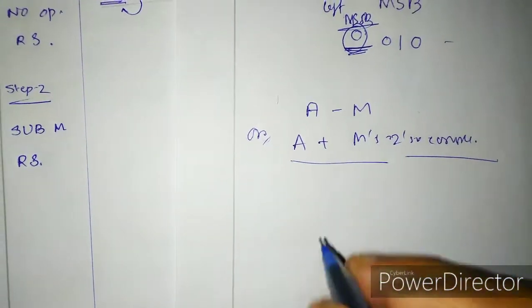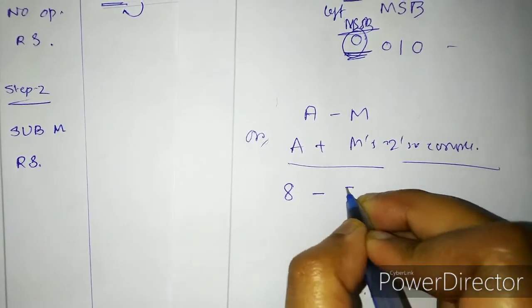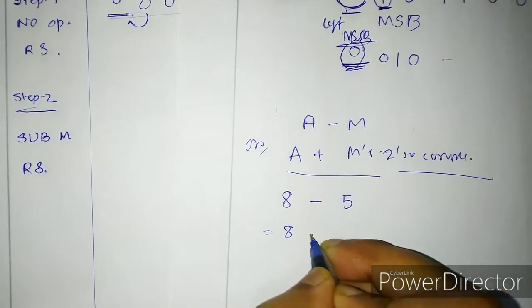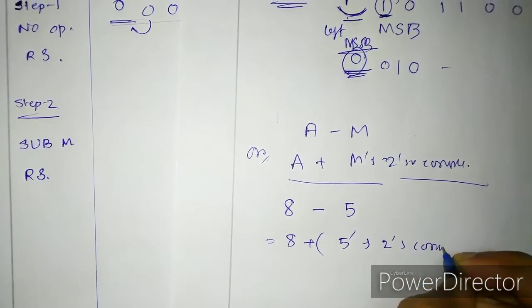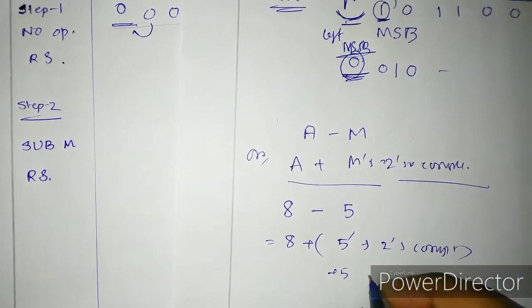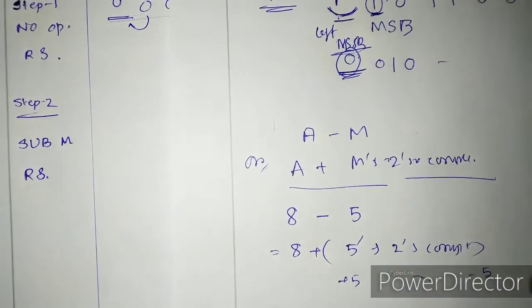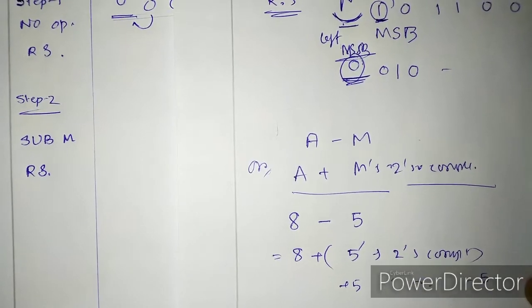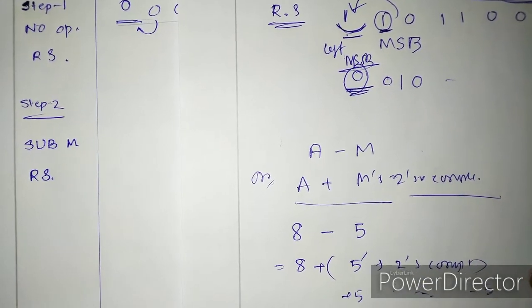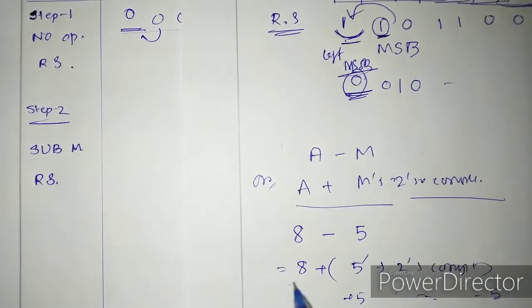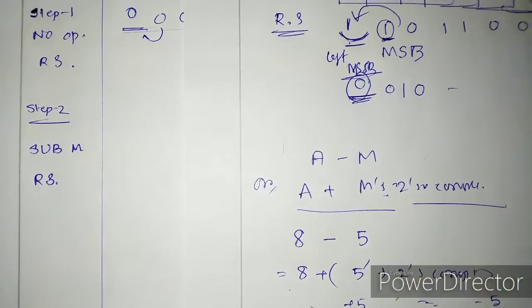If we write 8 minus 5, or we can say 8 plus 5's 2's complement, the 2's complement of 5 is equivalent to minus 5. I've made an entire video on this, guys, so please check it out if you have not watched it yet. Only then will your Booth's algorithm concepts be clear. So a minus M, or a plus M's 2's complement, is the same.